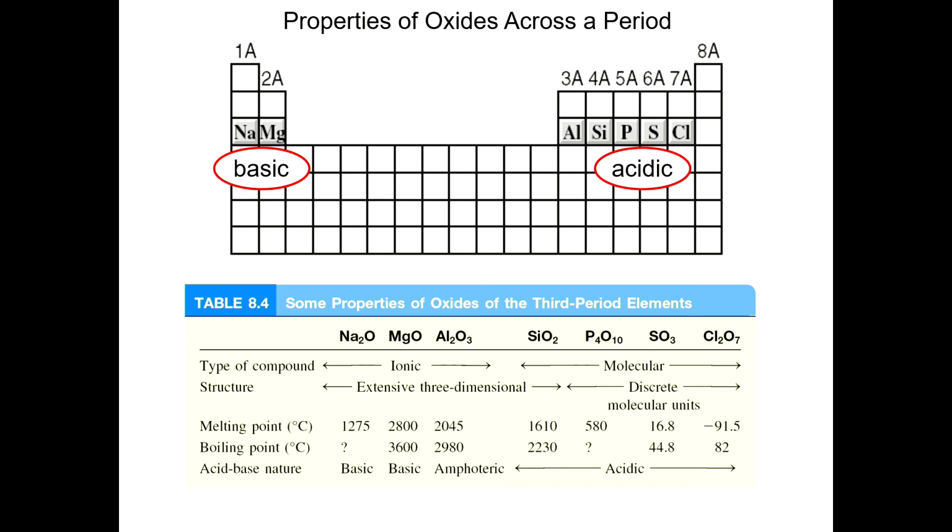So for the nonmetals, they tend to form acids, and for the metals, they tend to form bases. Okay, have a look at it.